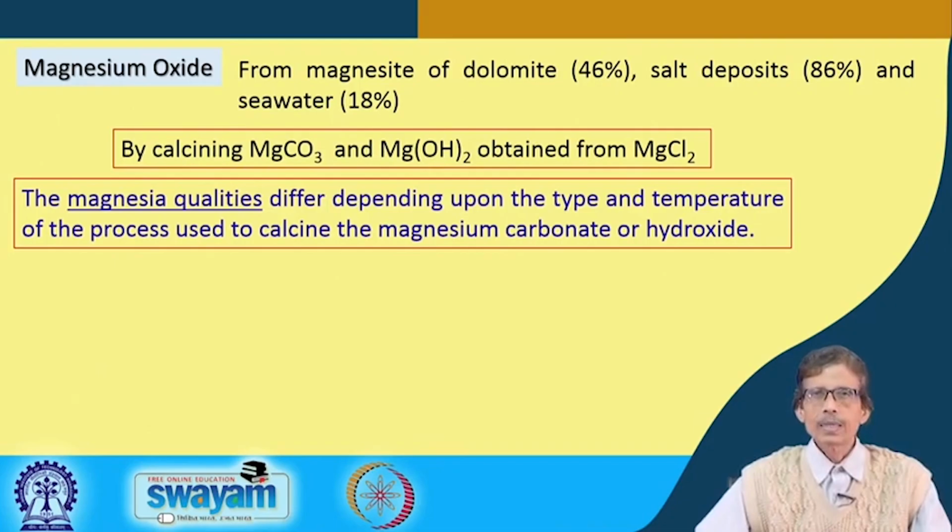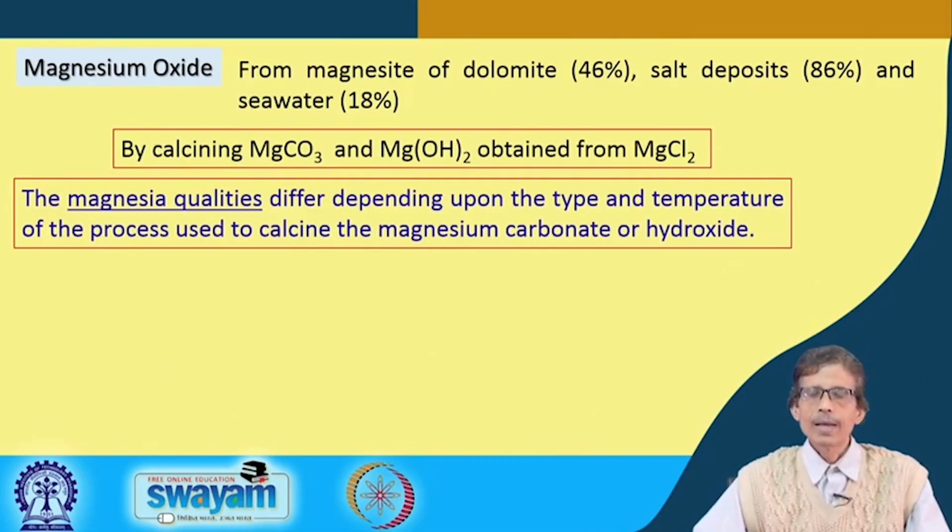Now, that magnesium oxide, like silica, is your magnesia. The quality of that material is also dependent on itself. That means you can have different types of magnesium oxides. How? Because it depends on how you make it, that is, the calcination of the material, at what particular temperature you are burning your magnesium carbonate.